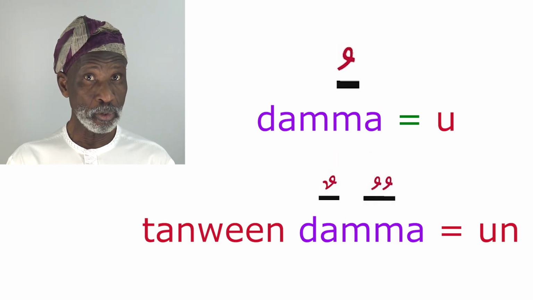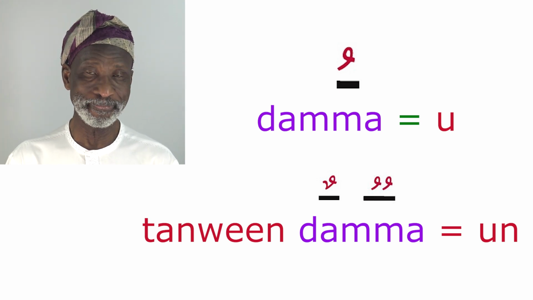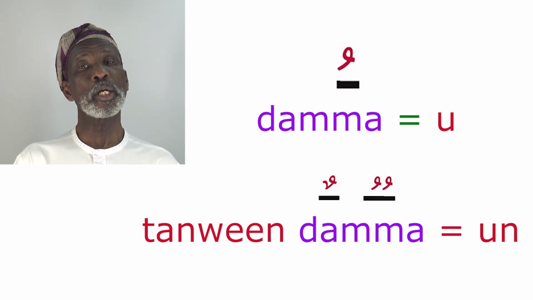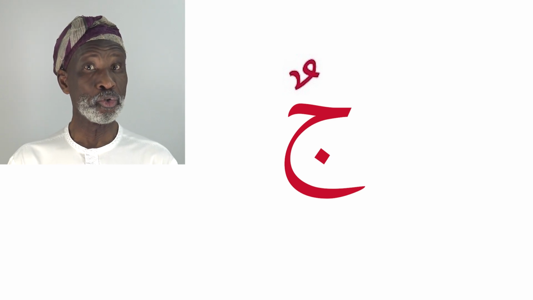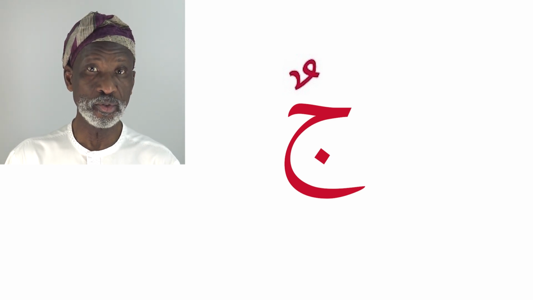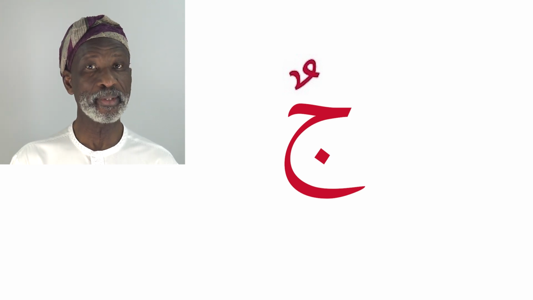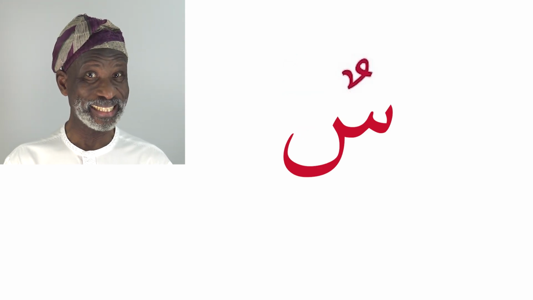Let's try now damma. If we double the damma, instead of u, it becomes un. Let's put the un on top of Jim. So we say Jim, tenween, damma, jun. And we put tenween damma on top of sin.